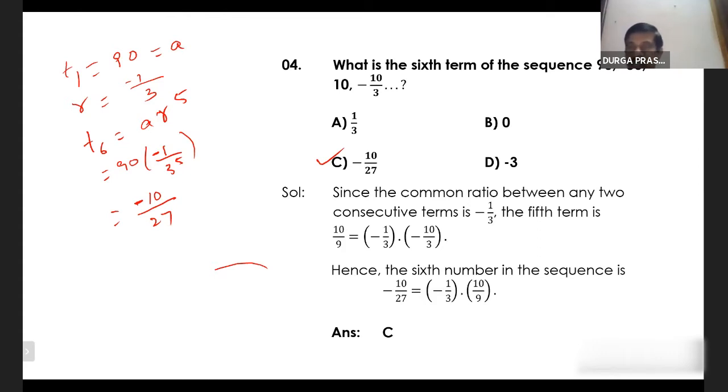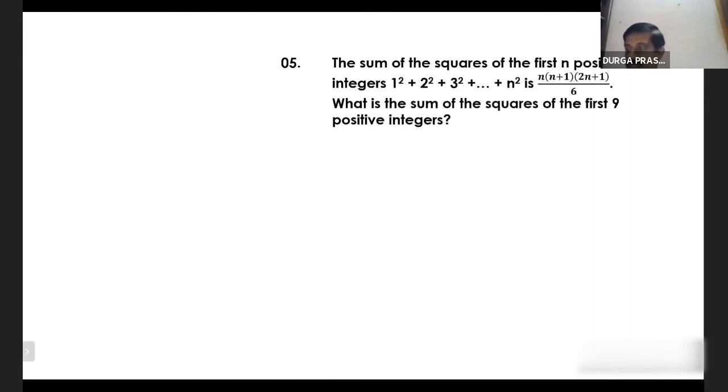Right, children, we'll go to the next question. The sum of the squares of the first n positive integers is this formula he gave. What is the sum of squares of the first 9 positive integers?